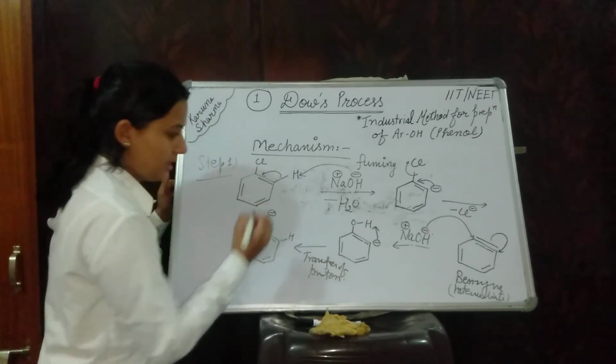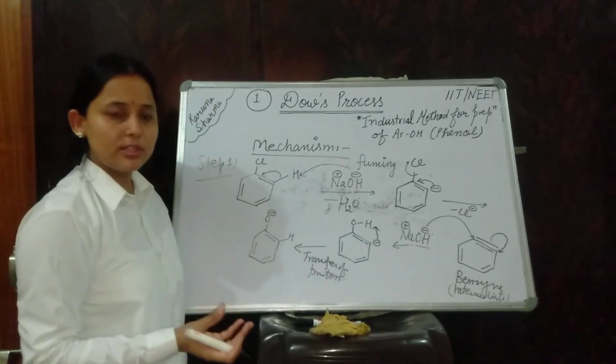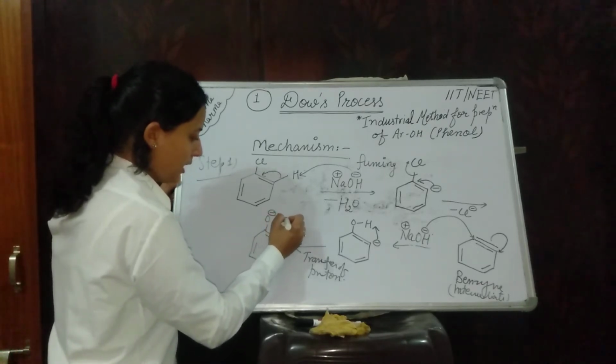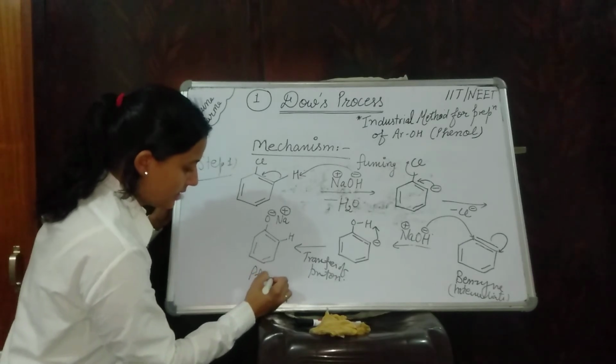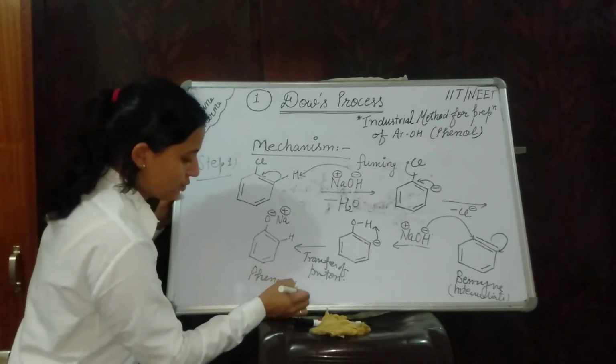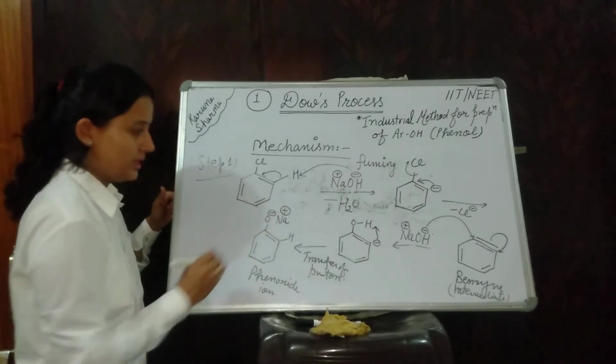This is hydrogen and Na positive is in the system, generation of O negative Na positive, that is your phenoxide ion. Now we are reaching our last step of the reaction.